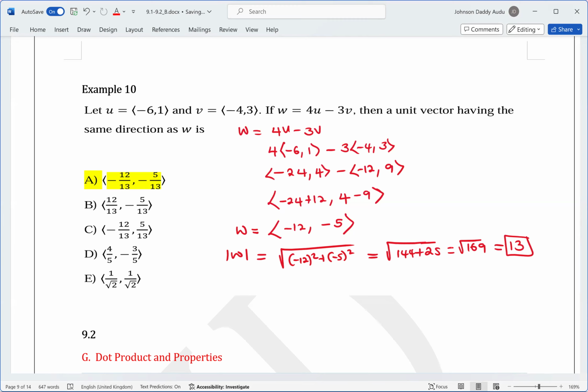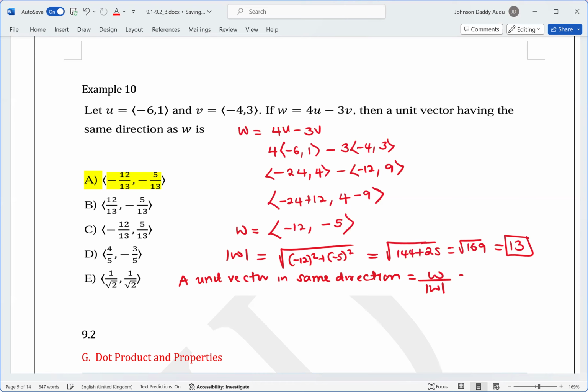All right, so what we have is now a unit vector having the same direction. It's simply what? W over the magnitude.